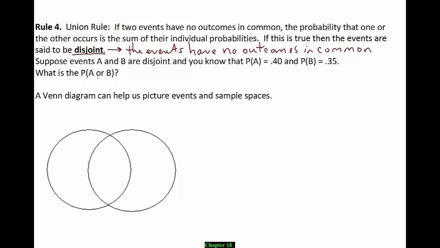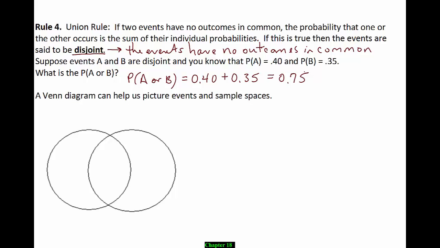So when we see the word or, we're computing a union. So the probability of A or B, since they're disjoint, we have our rule that says if they're disjoint, we can just add the two probabilities. So that's going to be 0.4 plus 0.35, which is 0.75.